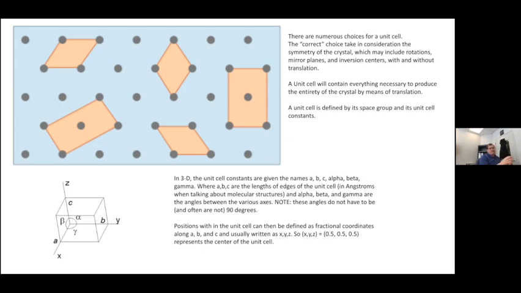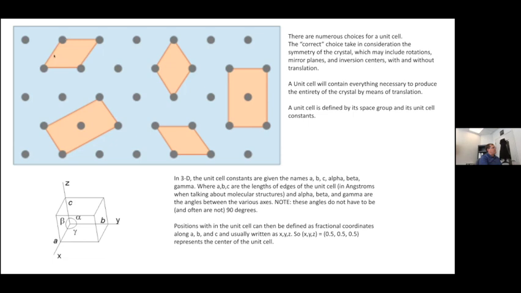And so if you select a unit cell, various selections of which are shown in this orangish color on the blue grid, you can create the entirety of the crystal by translation symmetry. So you can see this parallelogram up in the upper left.